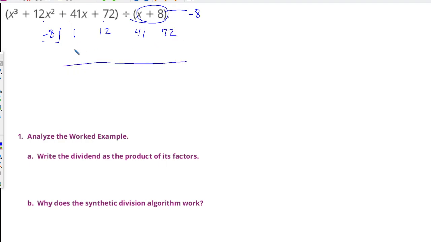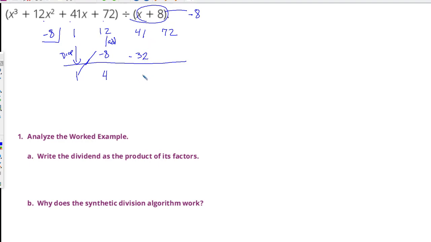Now draw my line. You drop the first, then you multiply these two, and that gives you negative 8. Then you add, and that gives you 4. Multiply, and that gives you negative 32.